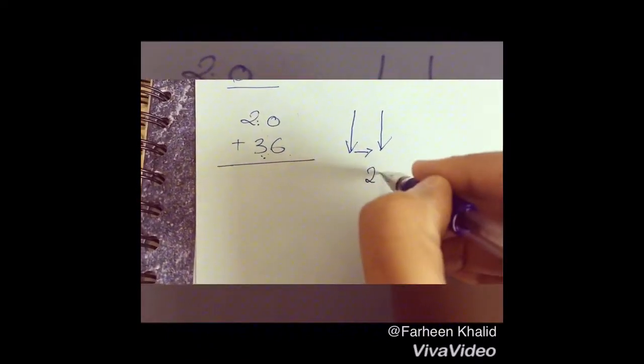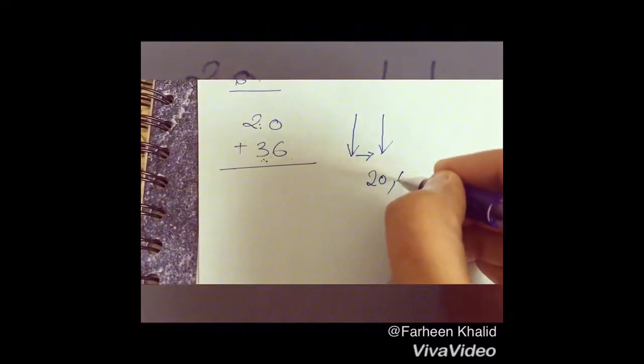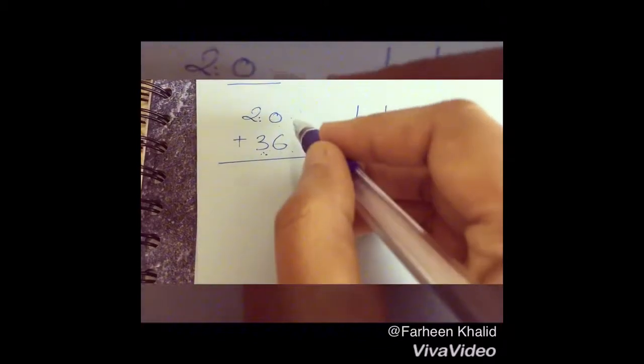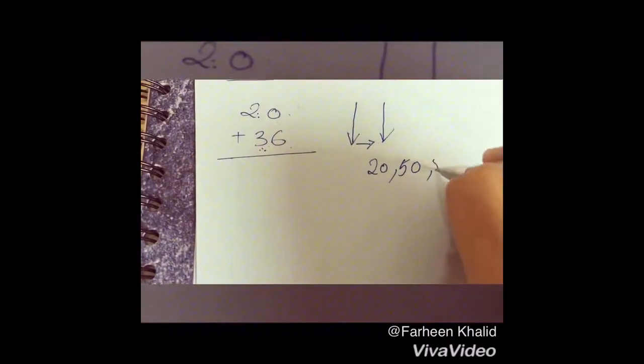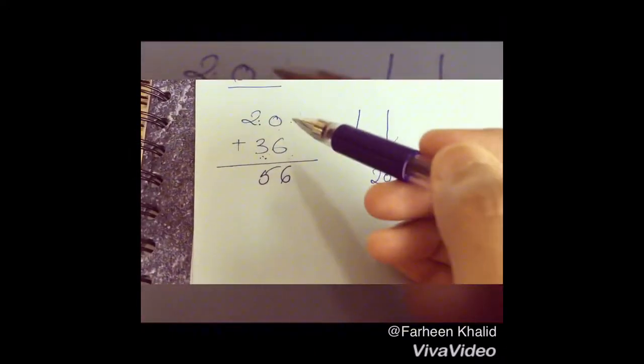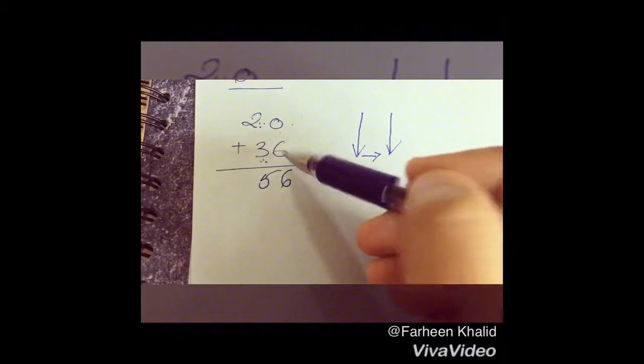So the first step is 20, then 20 plus 30 makes it 50. Now the next step is 0, so nothing here. Then there is 56. So our answer here is going to be 56. So that's how you mentally do this in your mind. It's 20 plus 30, 50, 50 plus 6 is 56.